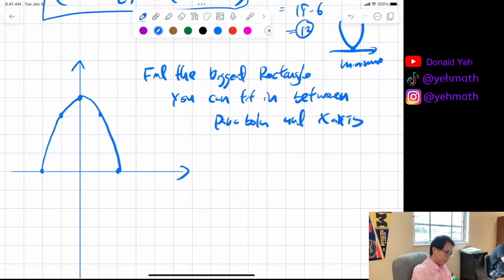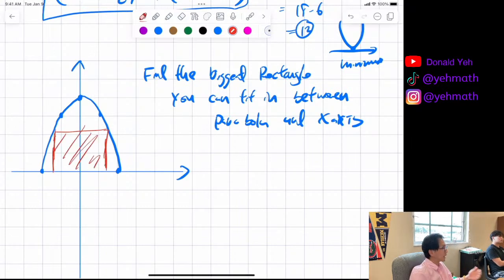And is it the same grid? Yeah, same grid, same everything, same situation. So I'm going to draw an arbitrary rectangle. And I want to see what is the biggest rectangle I can fit inside the square root, inside the thing.